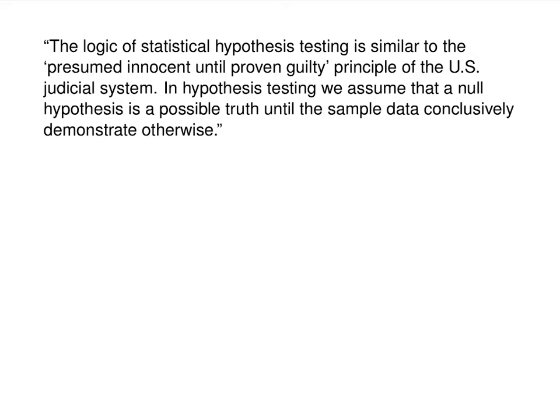In hypothesis testing, we assume that the null hypothesis is a possible truth until the sample data conclusively demonstrate otherwise. So H0 is not guilty, which is our possible truth. This is assumed true or plausible until proven otherwise.